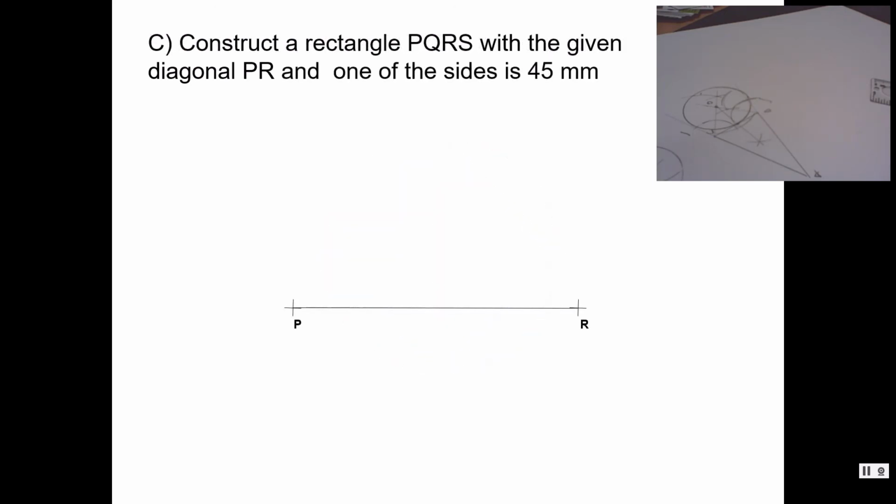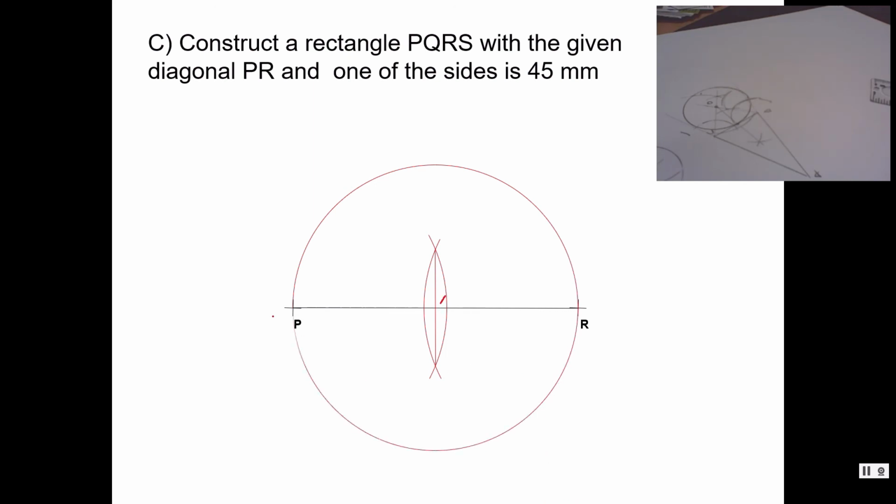Okay, 3. Construct a rectangle PQRS with the given diagonal PR, and one of the sides is 45 mm. Okay, again you bisect the line first, cut into half, and then you got the point. You draw a circle. You got the middle point, the center point here.